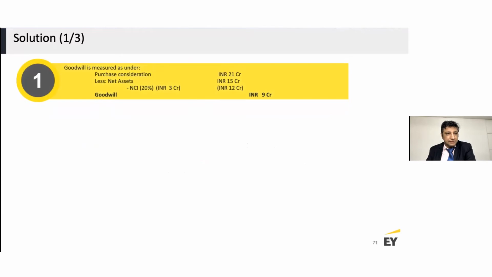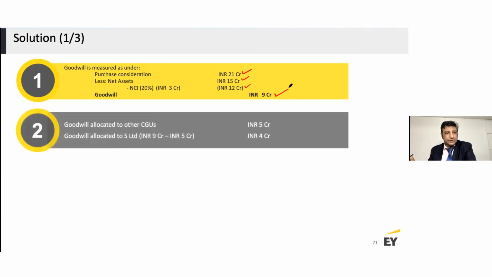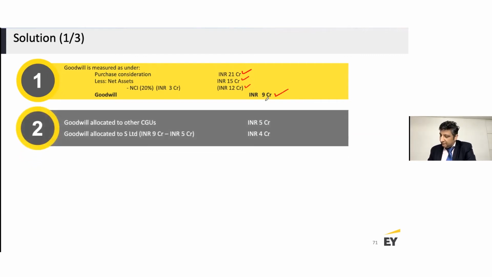We are provided with this information, of course, that the purchase consideration is 21 crores, net assets are 15, but you already had 3 crore rupees, which is basically your non-controlling interest. So effectively, you're actually receiving 12 crore rupees as a group for which you're paying 21. That makes the goodwill calculation at 9 crores. Out of those 9, 5 is going to the other CGUs and the remaining 4 is allocated to S Limited.